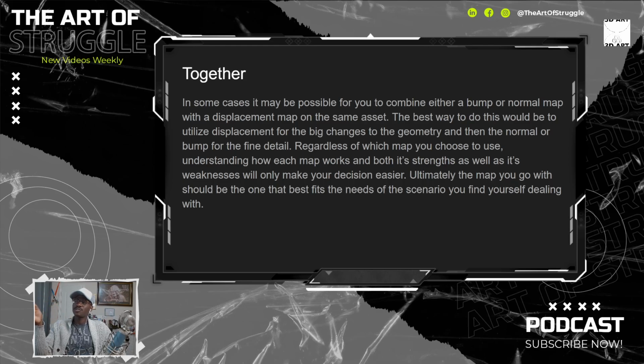The best way to do this would be to utilize displacement for the big changes to the geometry and then the normal or bump map for finer details. Regardless of which map you choose to use, understanding how each map works and both its strengths as well as its weaknesses will only make your decisions easier. Ultimately, the map you go with should be the one that best fits the needs of the scenario you find yourself dealing with.